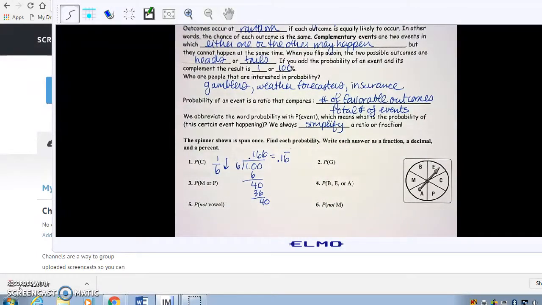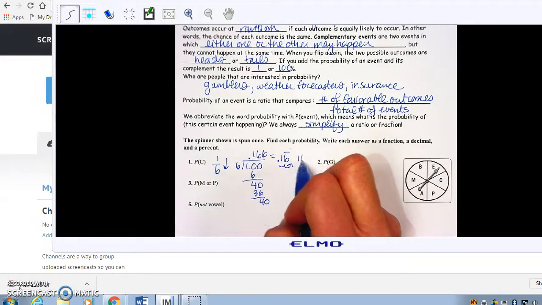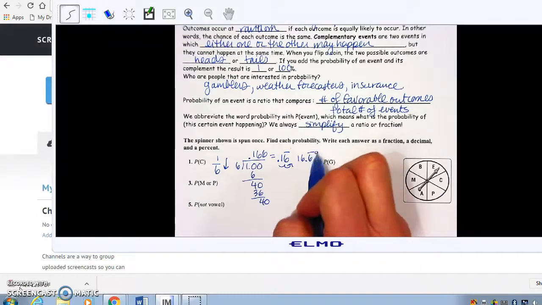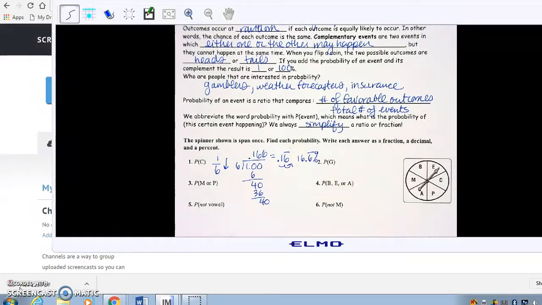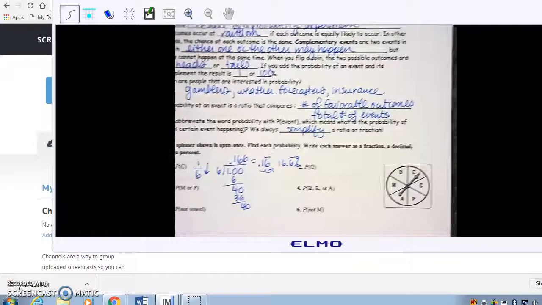Changing decimals to percents, we move the decimal point over 2 spaces to the right, always 2 spaces. You can keep the repeating bar in your percent if you'd like. So we have 0.16 repeating, and 16.6% repeating. You could also round it up to 17%. That would be fine. Remember, if I'm going too fast, please pause the video and take your time to complete it yourself. Let's try the next one, number 2.